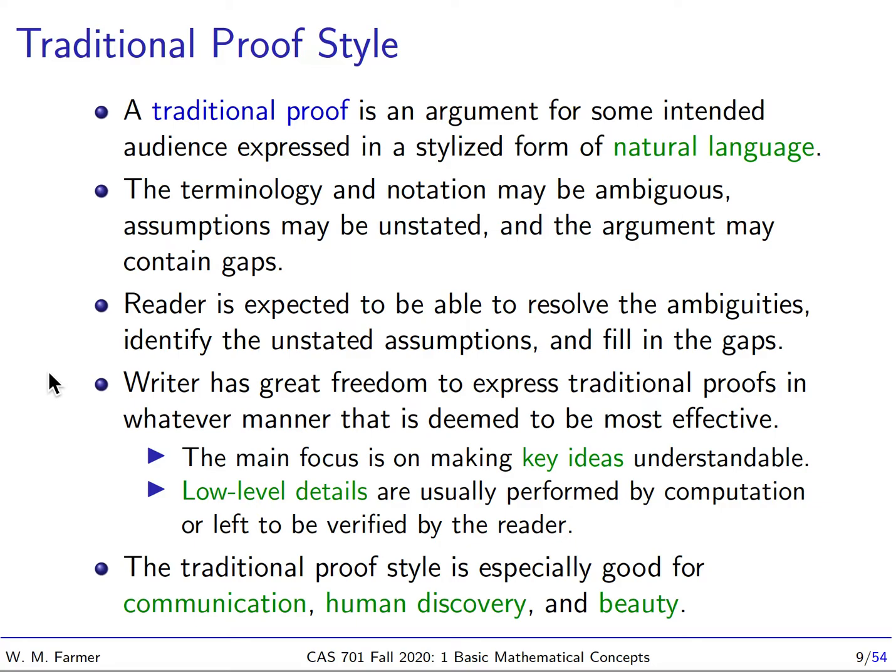Remember I mentioned that you can use proofs when you're trying to prove a conjecture, especially a conjecture that's false. You can use the process of proof to discover conjectures that are true. And they're also very good for expressing beauty. So that's the traditional proof style, the style that 99%, maybe 99.9% of all mathematics practitioners use.